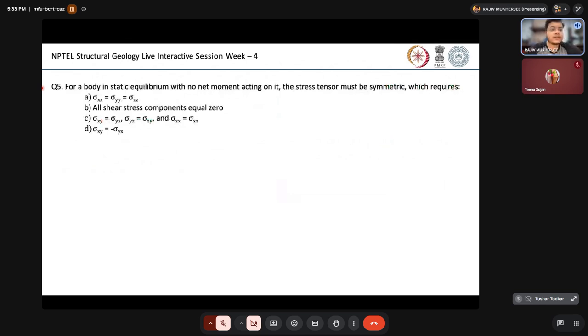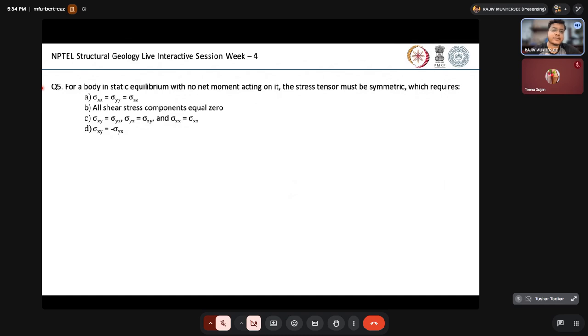For a body in static equilibrium with no net moment acting on it, the stress tensor must be symmetric, which requires: Option A, sigma xx is equal to sigma yy is equal to sigma zz. Option B, all shear stress components equal 0. Option C, sigma xy is equal to sigma yx, sigma yz is equal to sigma zy, and sigma zx is equal to sigma xz.